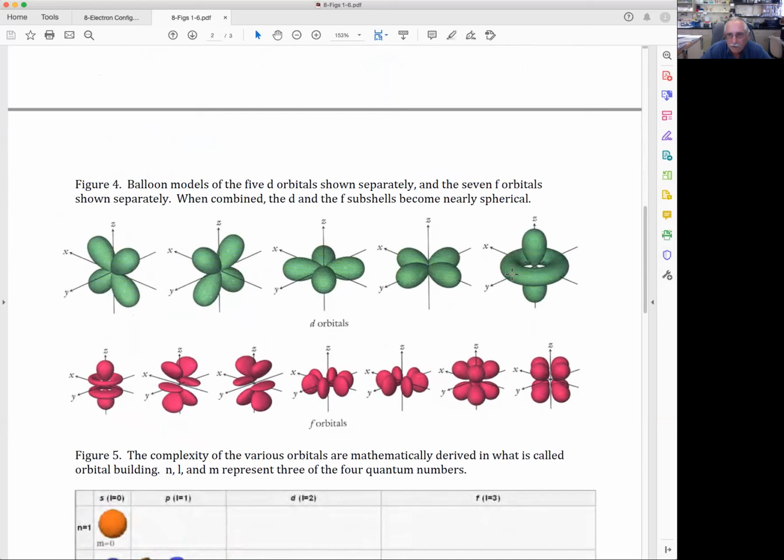And then look at this one. What the heck is that supposed to be? Is that some artist who was also a policeman and really liked donuts? No, that is the mathematical solution to the Schrodinger equation. So then if you look at the highest level, it gets even more lobes, more complex.